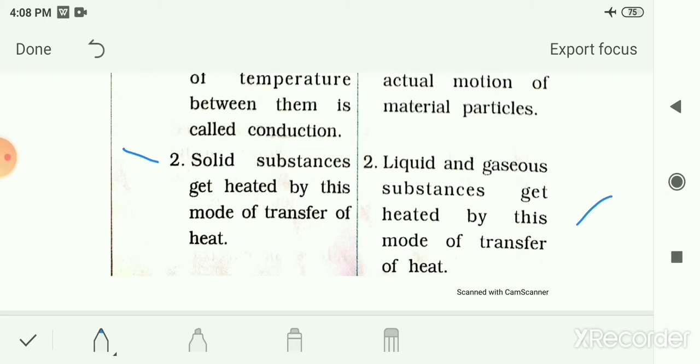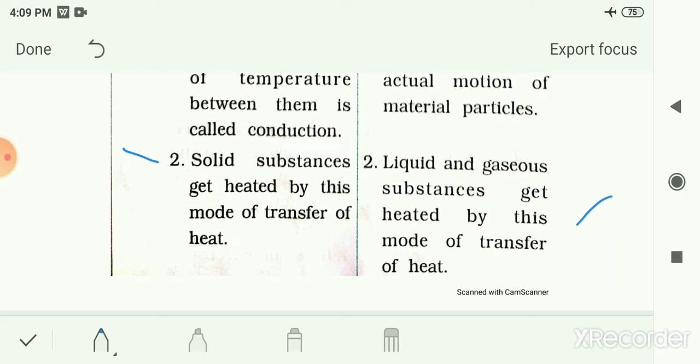So the first difference between these two is what conduction and convection are. Conduction is the heat transfer between two adjacent or nearby parts of the body which have a temperature difference between them. That mode of transfer of heat is known as conduction. Whereas convection is the transfer of heat by the motion or movement of the particles of the material. That mode of transfer of heat is known as convection.